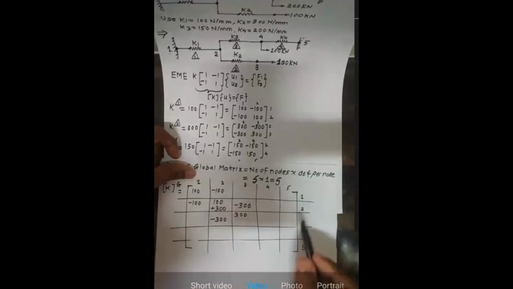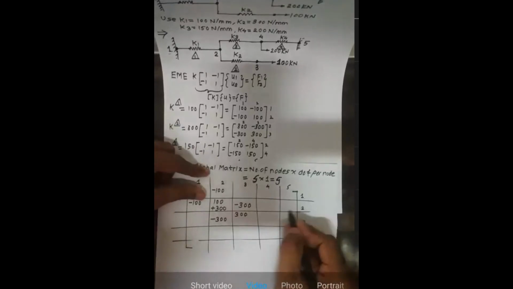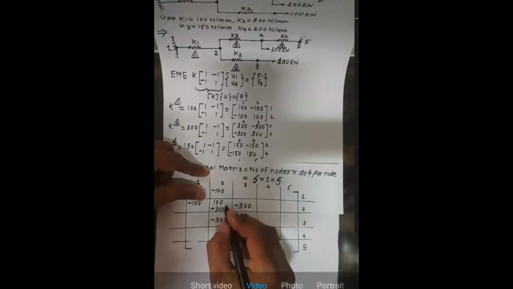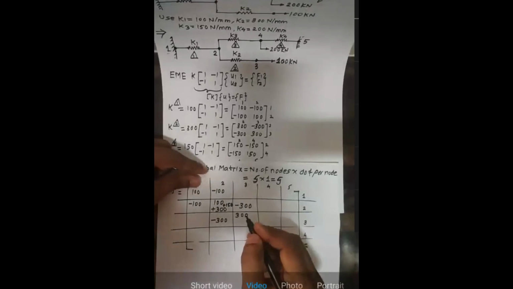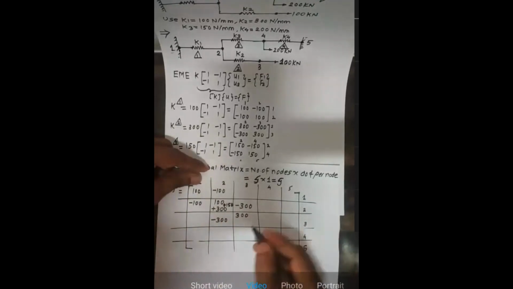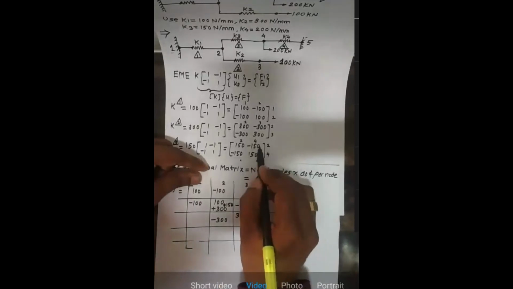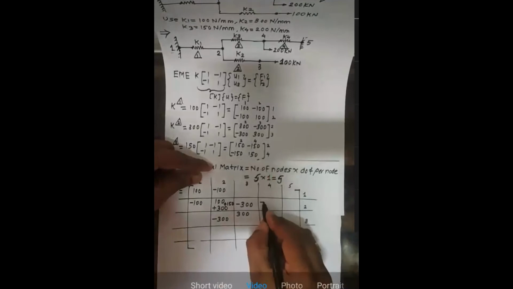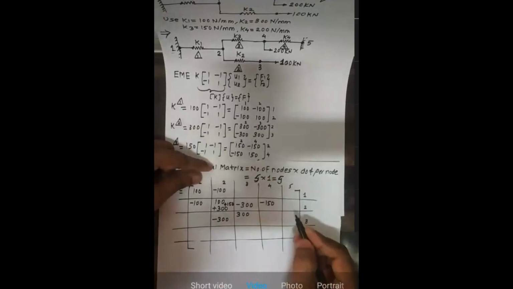At 2, 2, I need to put plus 150. Next, at 2, 4, I need to write minus 150.